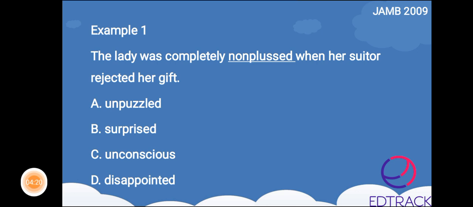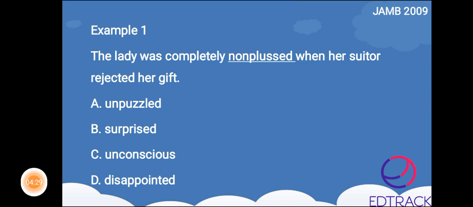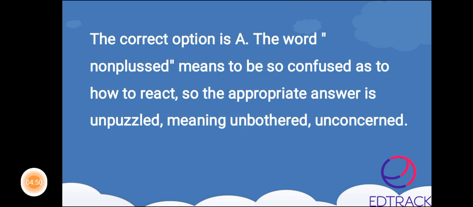The word nonplussed means to be confused, not knowing what to do, not knowing exactly what step to take further. This makes option A the appropriate answer for us. Unperturbed means unconcerned. Let us take a look at the guide on the next slide.